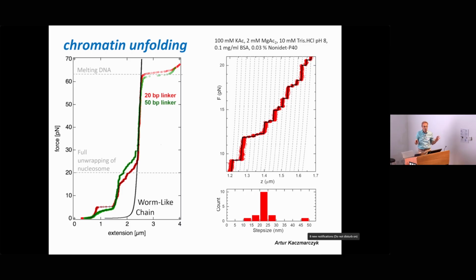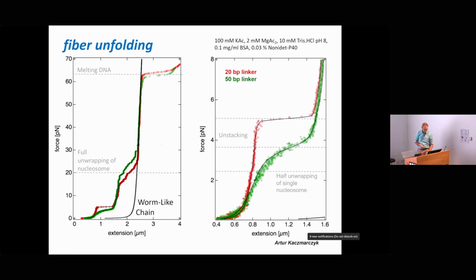Now this is all good and well. It tells you how many nucleosomes you have, but the interesting part is when it folds into higher order structures or not. That happens here at low forces, like below 10 piconewtons. And when you zoom in to that area in the experiment, you can see nice overstretching transitions as well, not unlike for melting the DNA. So here we're overstretching chromatin fibers.